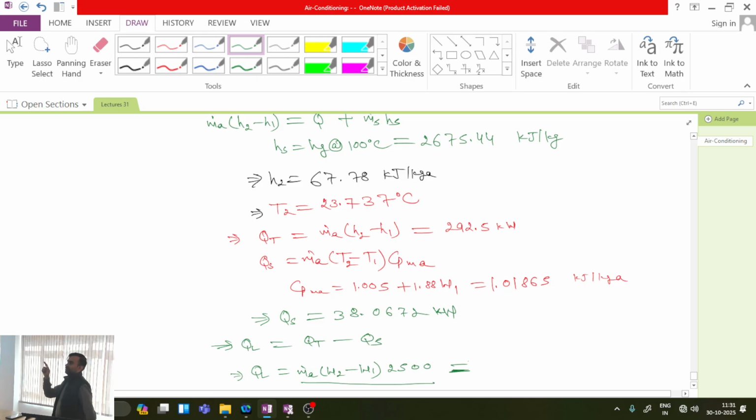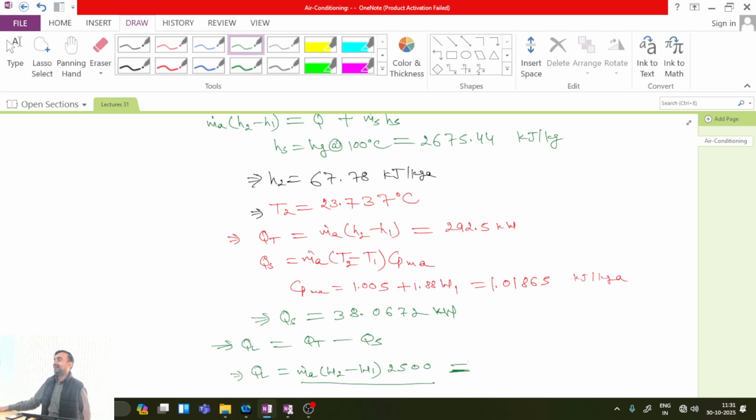We derived one formula, 50 into volume flow rate in cmm times W2 minus W1. Where was that 50 coming from? 50 was coming from 2500 divided by 60 multiplied by 1.2.